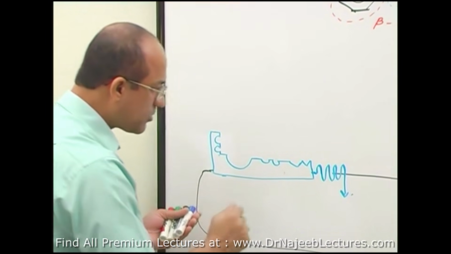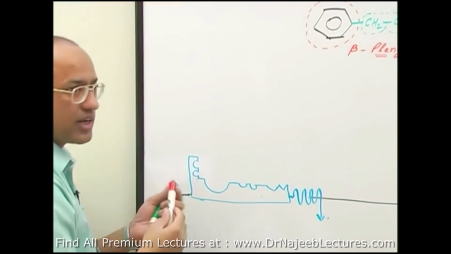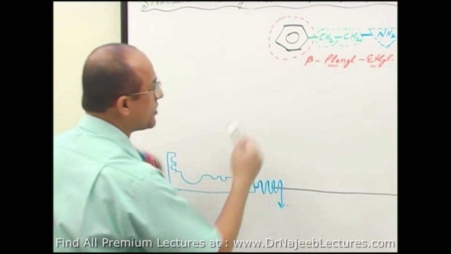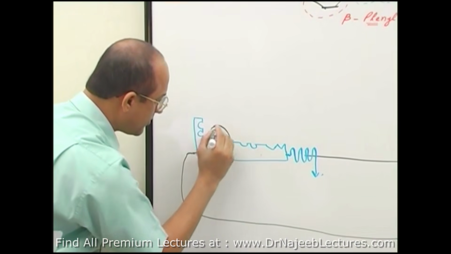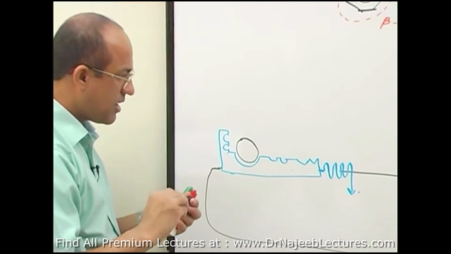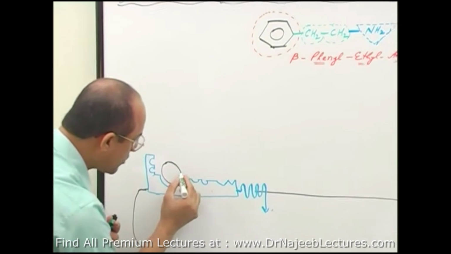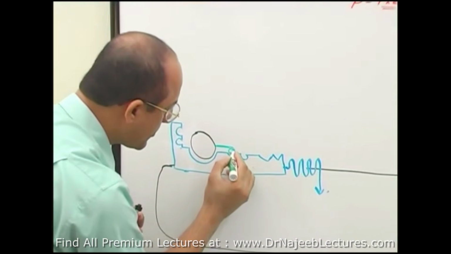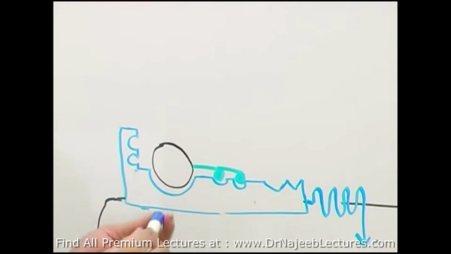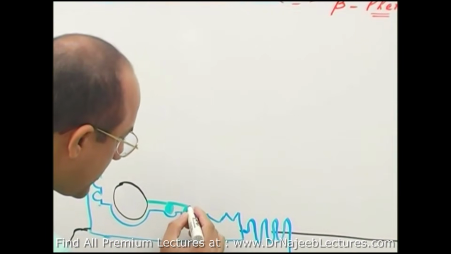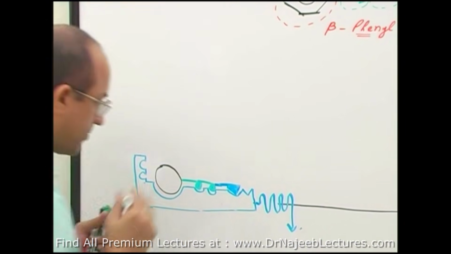Now because the drug is binding here, how does this drug fit into this structure, right? Basically this component of the drug, this benzene ring, fits over here, and this component of the drug, which is the ethyl group, has to fit into this area, and in the end you have the amino end which will fit here.